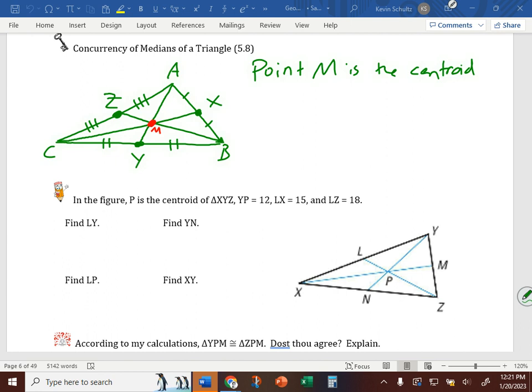I'm allowing you to use the eye test on this one, but you can see that these two angles that AY makes are not congruent angles. An angle bisector would give you congruent angles.